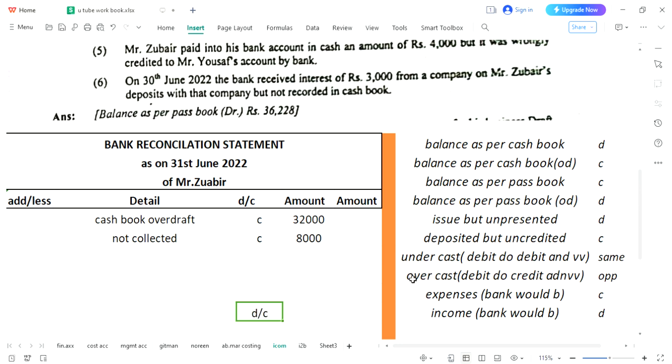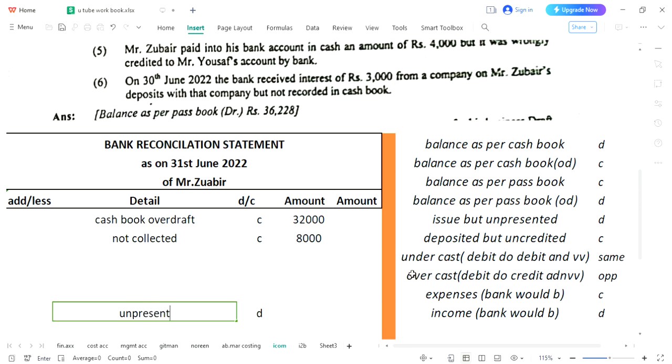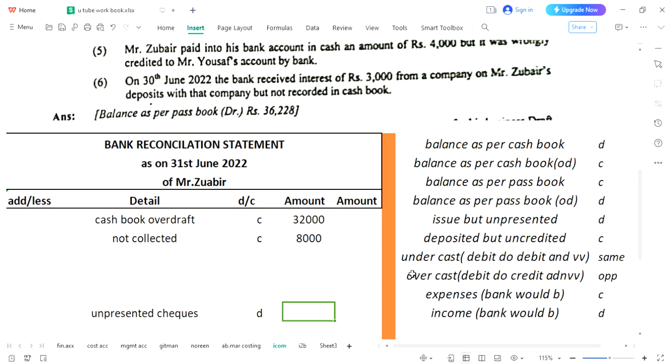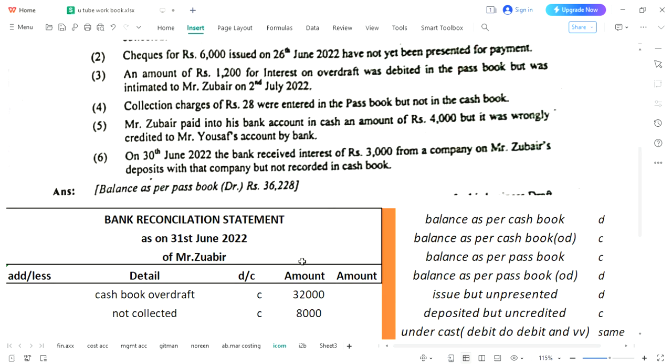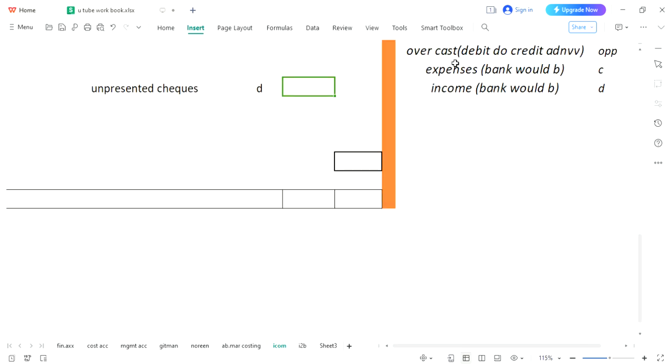Why is it coming here? Because the check is unpresented, so we just write down the amount of unpresented checks. 6,000 issued but unpresented. We have got our amount. Write down 6,000 over here.